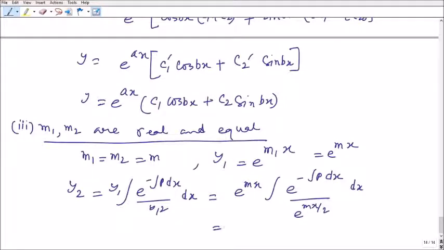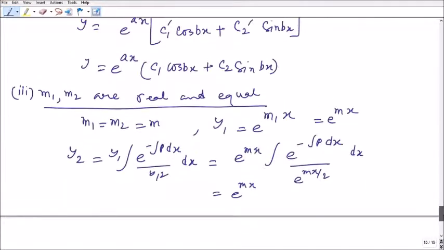Because it is a constant coefficient equation, p must be constant, so we can write e to the power minus px divided by y1 square into dx.